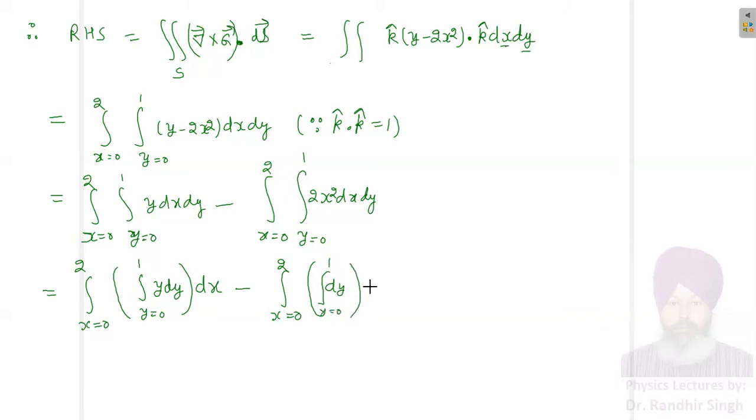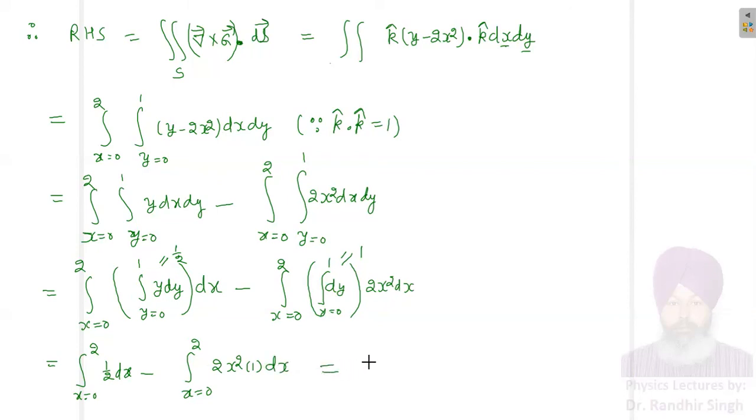Whatever this answer comes, it will be multiplied by 2x square, then dx. Now with x going from 0 to 2, this integration, if you solve it, will be half, you can very easily see, and this integration will be equal to 1. So it will be simply half dx minus, with x going from 0 to 2, 2x square into 1, dx.